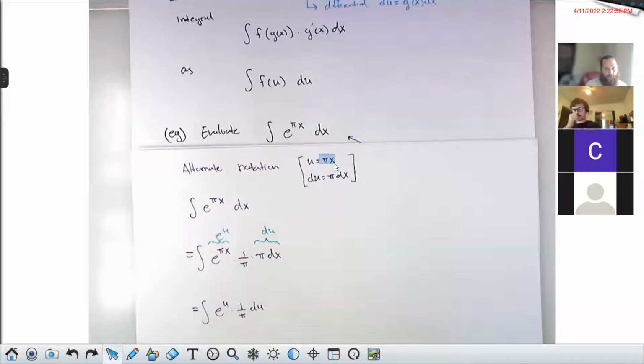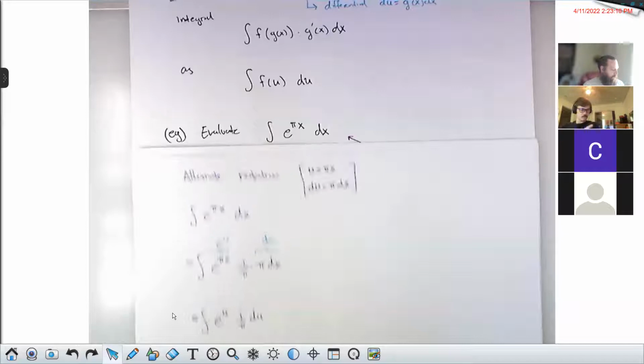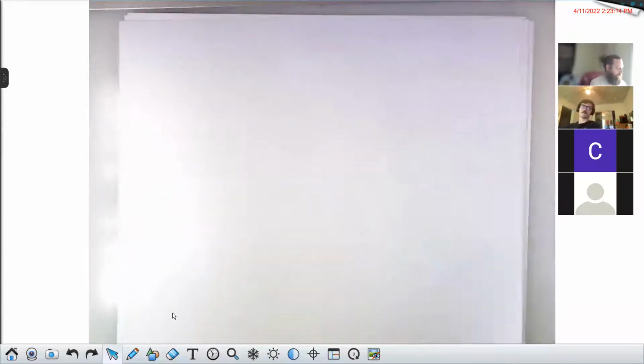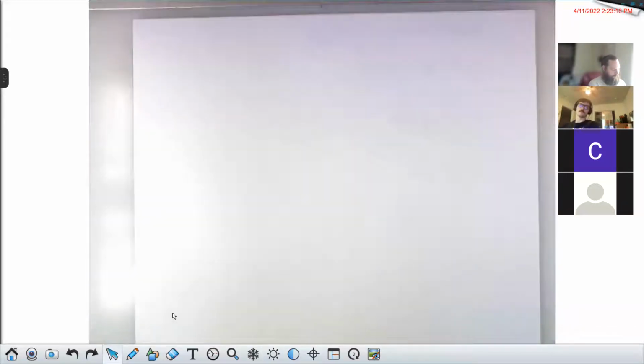G of x is pi x, so g primed of x is pi. And by multiplying and dividing by pi, I'm able to introduce the g prime term that wasn't there originally. All right. I don't want to confuse, so let's try some other stuff.